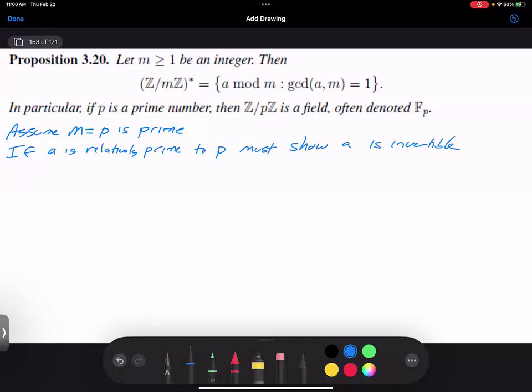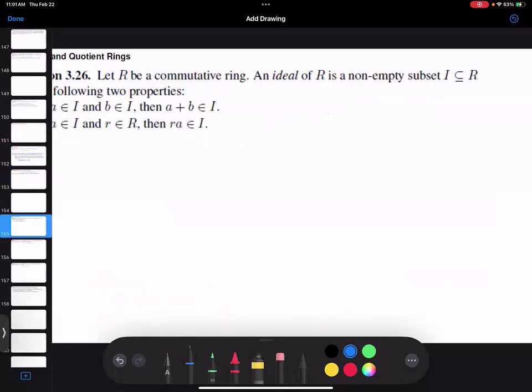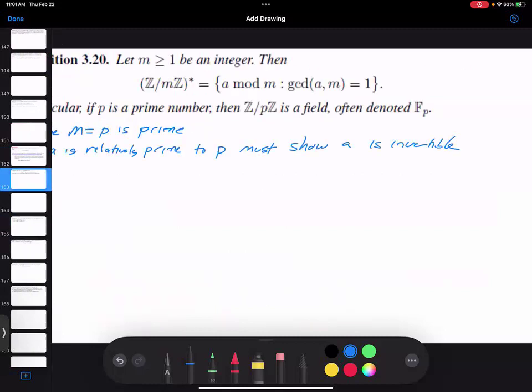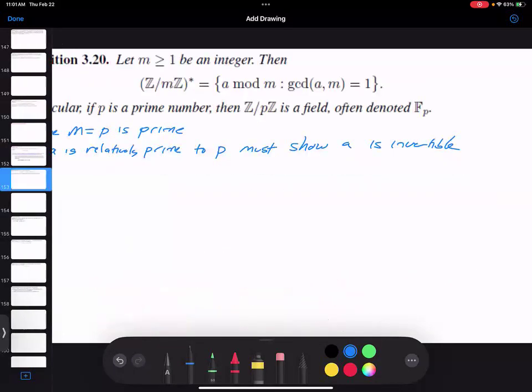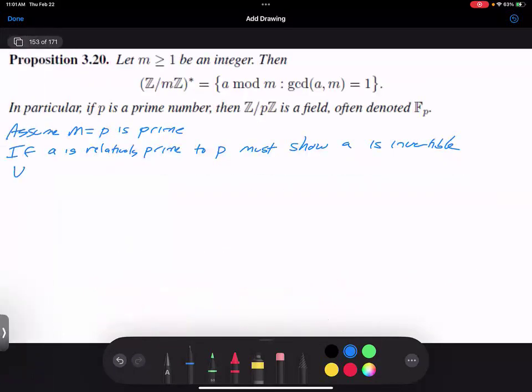Well, just a moment ago, I was mentioning this wonderful result that the greatest common divisor of A and B can be written in this form. There may be a reason why that was the slide right before getting to this. So we know for all B, there exist U and V such that AU plus BV equals the GCD of A and B.